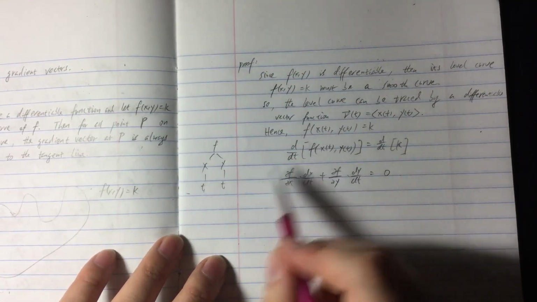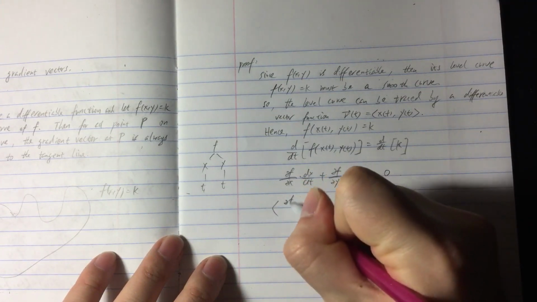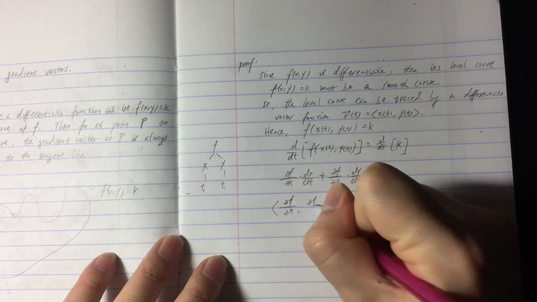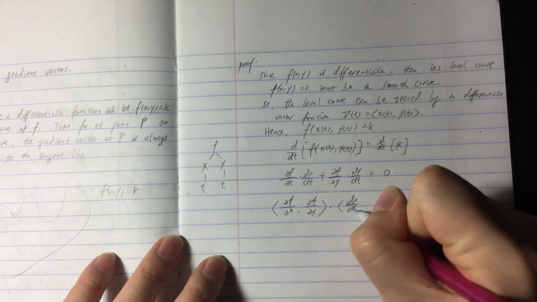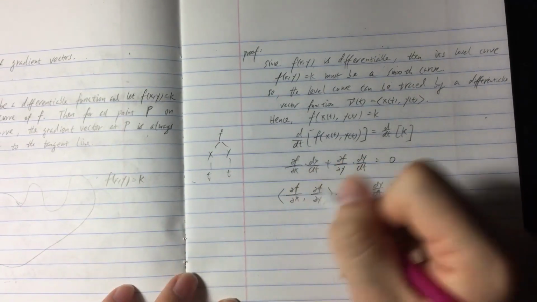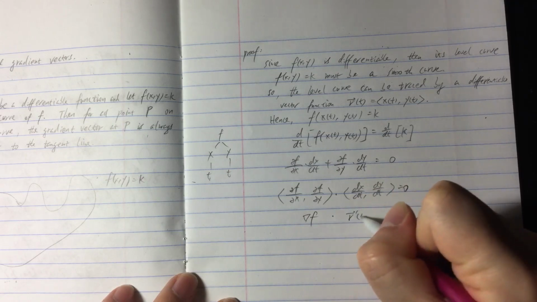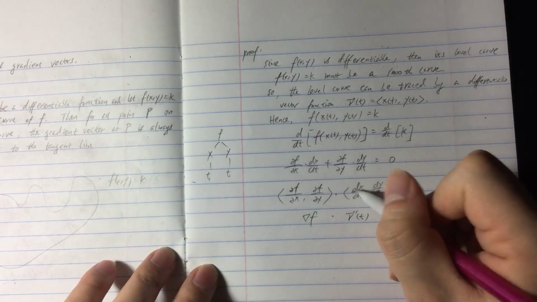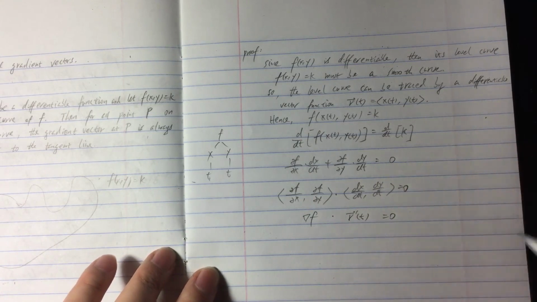Then this derivative can be written as a dot product. I can write it as the gradient of f, partial f over partial x, comma partial f over partial y, dot dx over dt, comma dy over dt, equal to 0. This is the gradient vector, and this is r prime of t. dx over dt is x prime of t, dy over dt is y prime of t, so that's r prime of t.